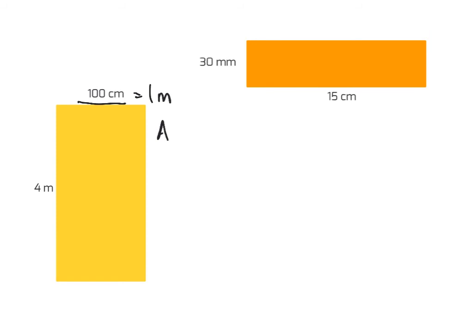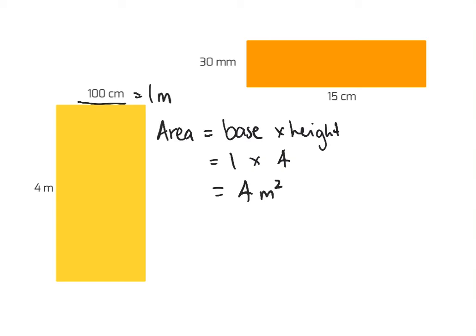So area equals base times height. So if my base is 1 meter, and my height is 4, 1 times 4 is 4 meters squared. That would be my area.